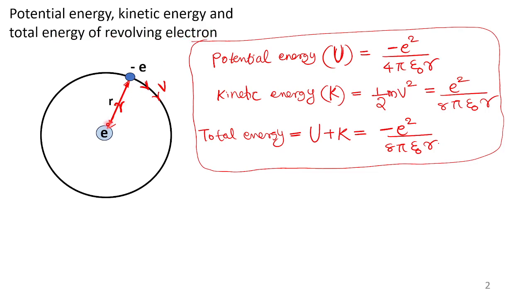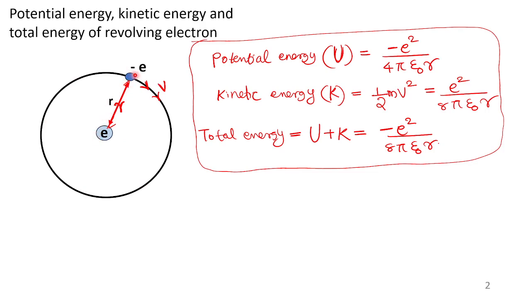This is the structure of the hydrogen atom. The center one is the nucleus. There is a single proton there, plus E. The electron will be revolving around the nucleus in one of the orbits. Maybe n equal to 1 or maybe n equal to 2, that we don't know.